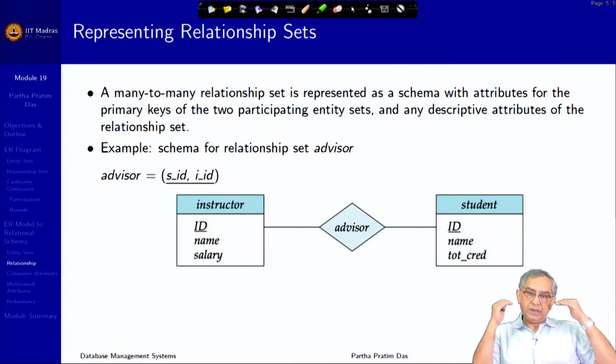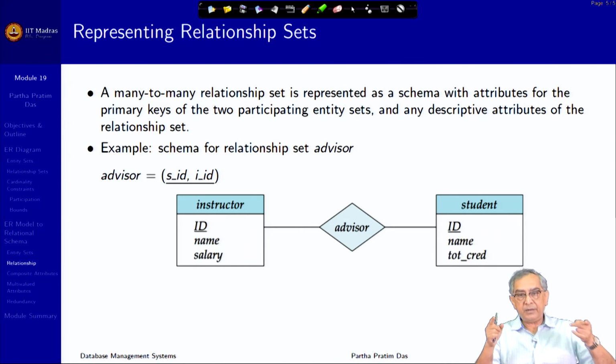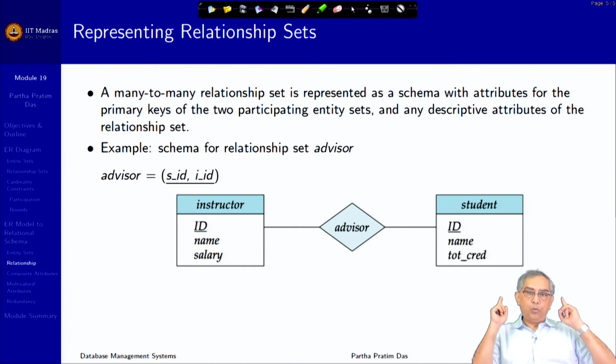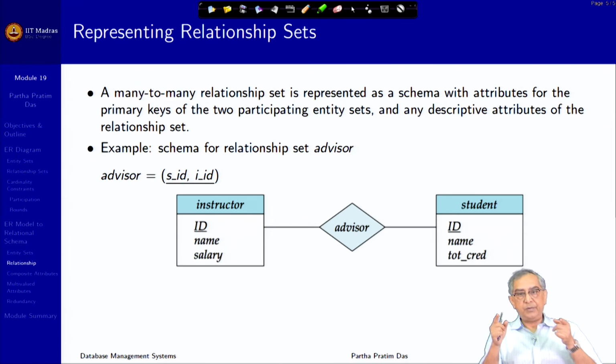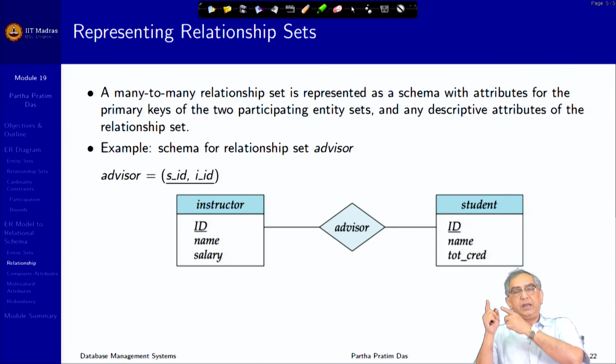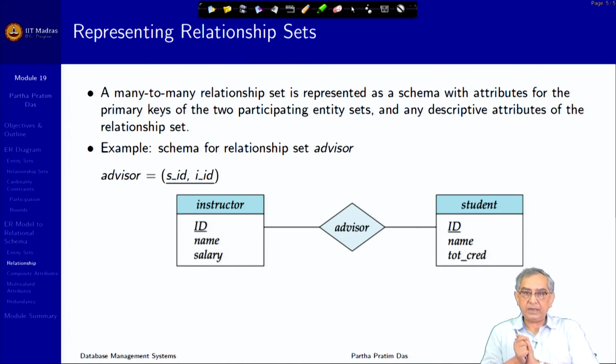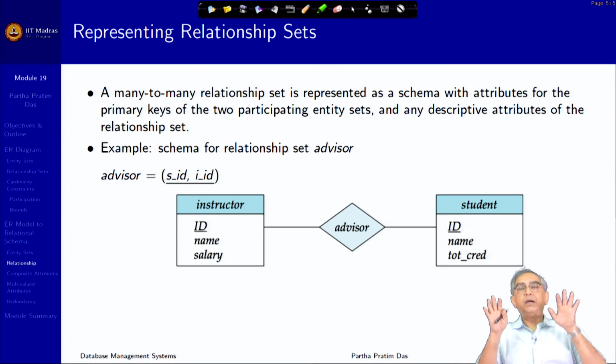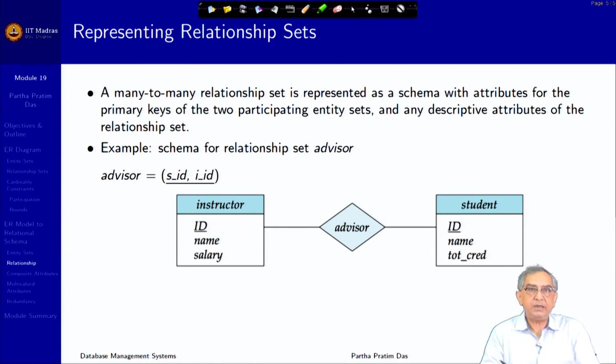In case of a strong entity set, it is just a list of attributes. In case of weak entity sets, it is a list of attributes of the weak entity set plus the primary key of the strong entity set through the identifying relation. In case of a relationship, it is the primary keys of the two entity sets that it is associating, put together.